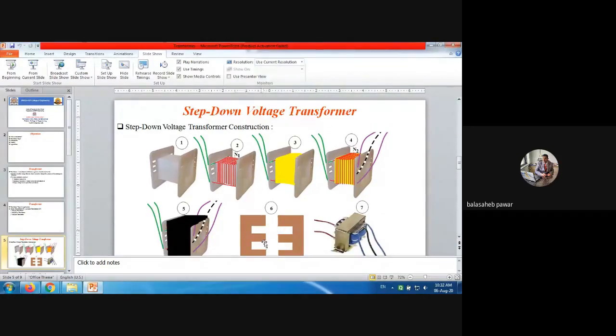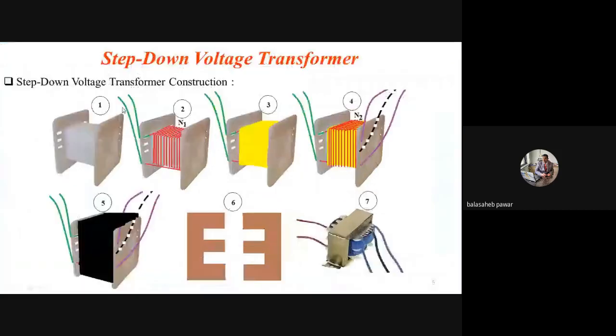These stampings are used to minimize the eddy current losses. But the losses are there, they are not zero. As the losses are non-zero, the primary power consumed from the mains supply is slightly greater than the obtained secondary power.